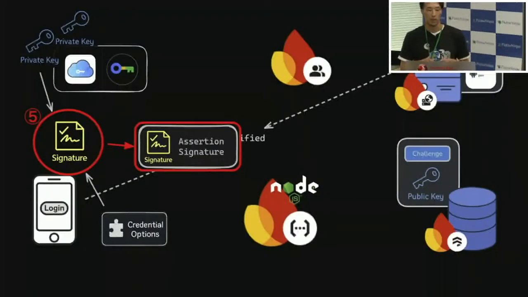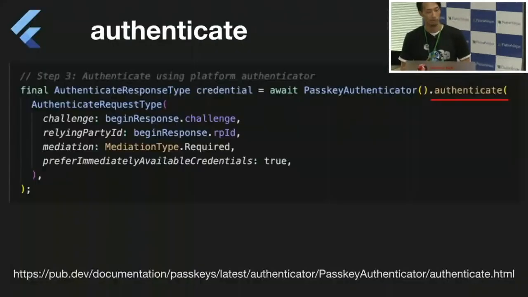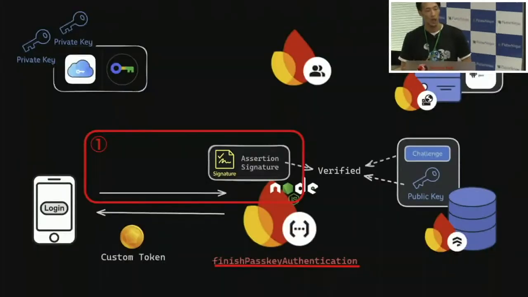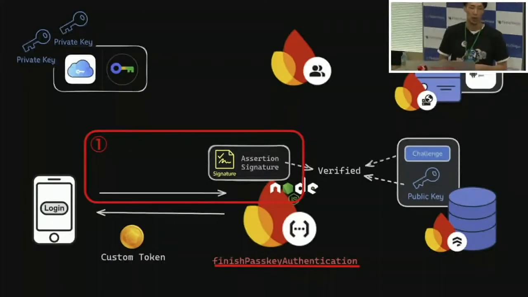The authenticate method will return the assertion signature, which includes the signature that we have just created. And we'll be sending that back to the server side through the finish passkey authentication API.